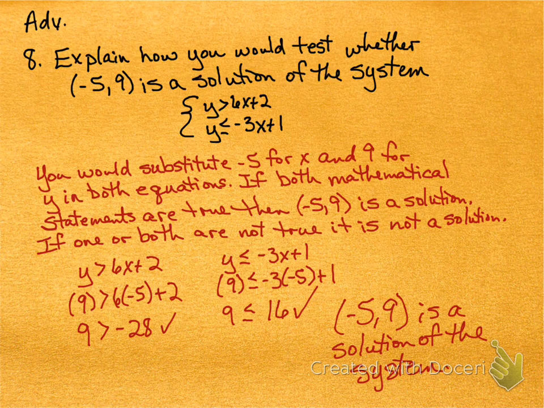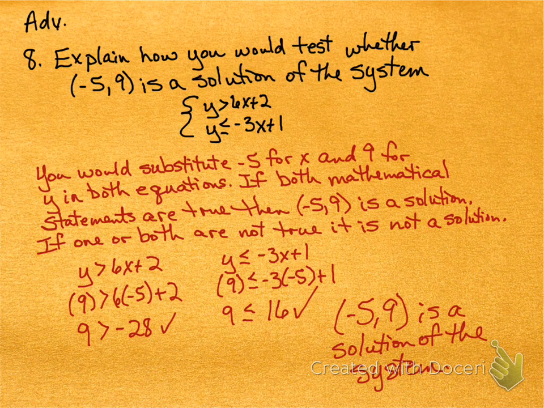Also from our advanced class, I'm showing the writing. Okay, explain how you would test whether negative 5, 9 is a solution of the system for Y is greater than 6X plus 2 and Y is less than or equal to negative 3X plus 1.